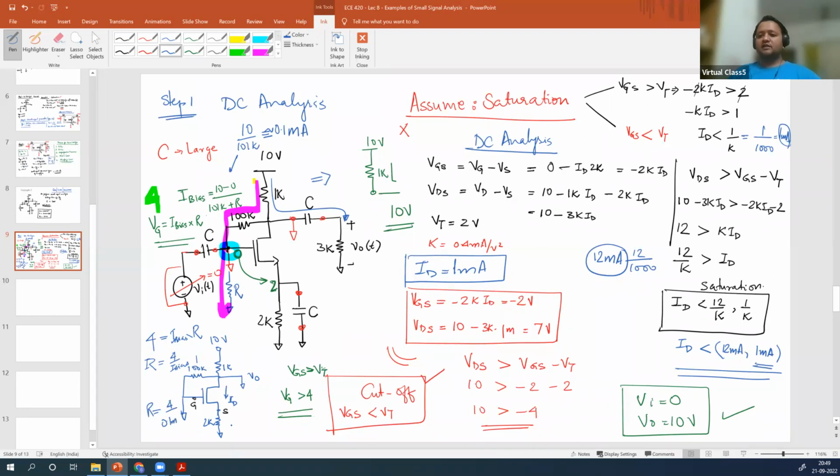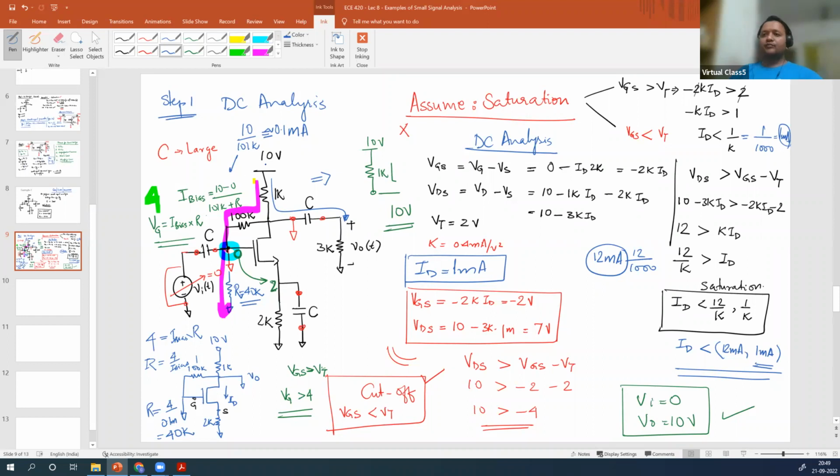How much is that? That will be equal to 40 kilo ohm. So when R equals 40K, you are just at VGS minus VT equal to 0, right? The total value here, 4 minus 2 equal to 2, VT is equal to 2. So you will be on the edge of threshold. Any value greater than 40K is what is needed.